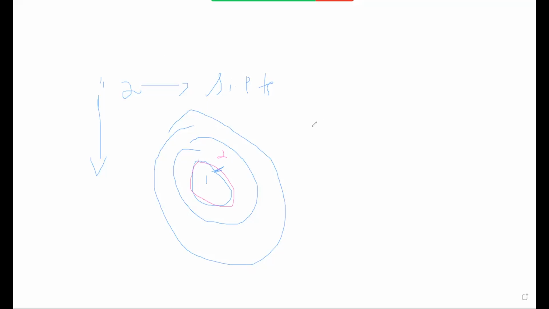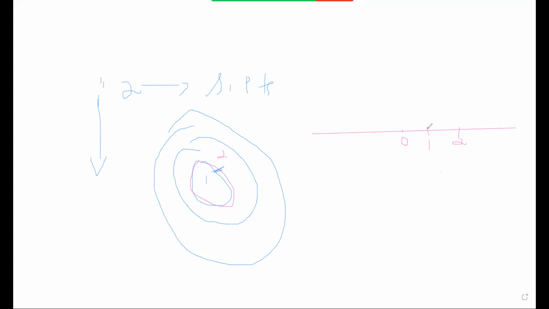For example, suppose this is our real axis, and this point is 0, this is 1, this is 2. So 1 and 2 are singular points.